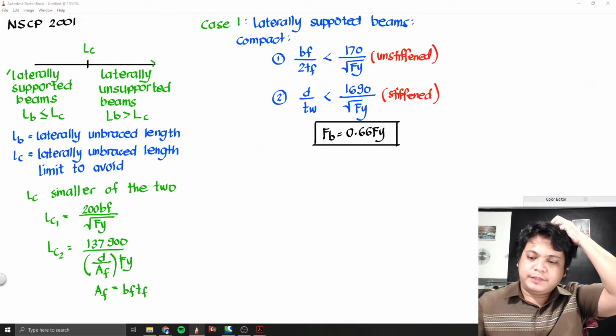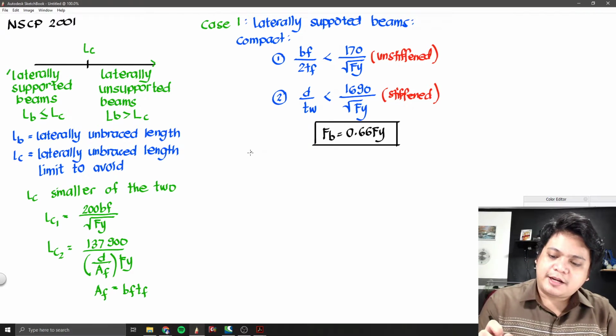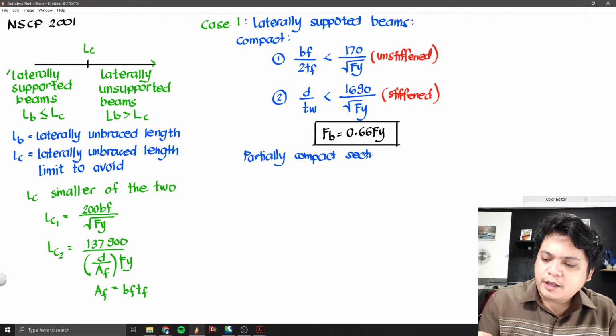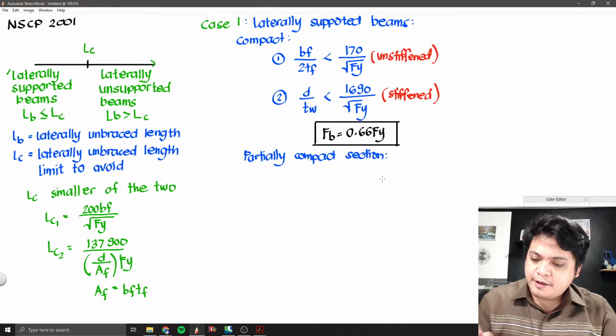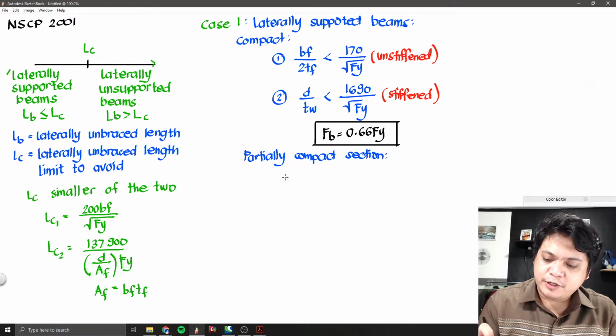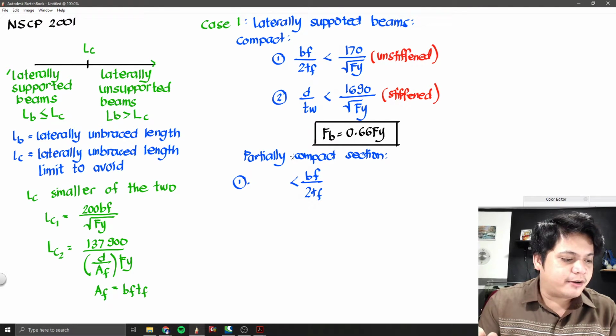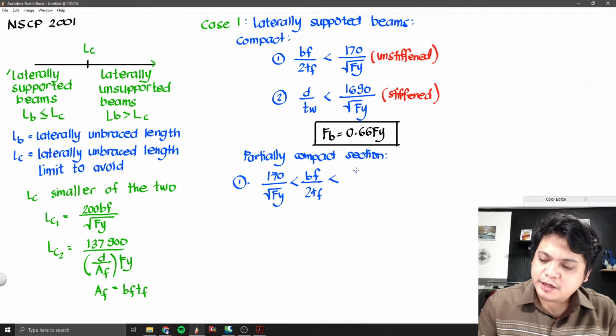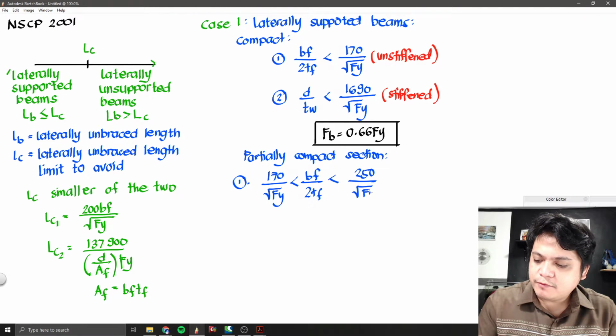Now, if not, we go to the second criteria, which we call partially compact section. A partially compact section has some local instability. So BF all over 2TF, criteria 1, for the unstiffened is greater than 170 all over square root of FY, but it should be less than 250 all over square root of FY.